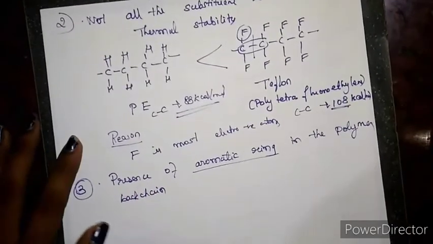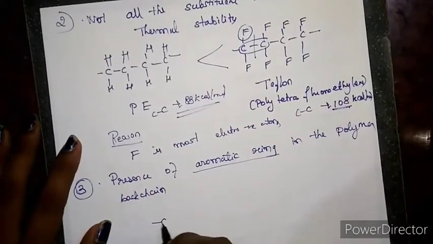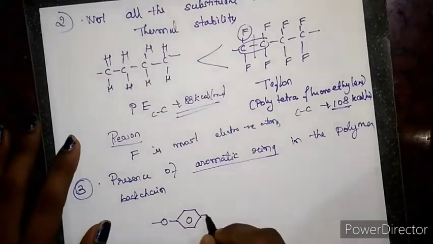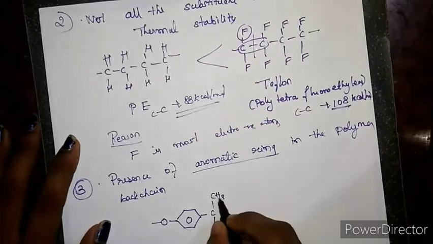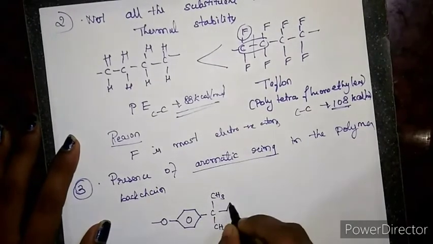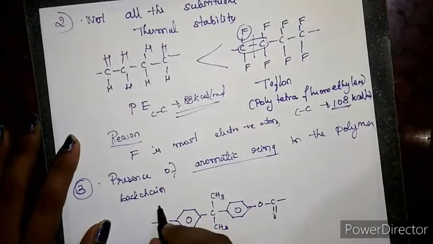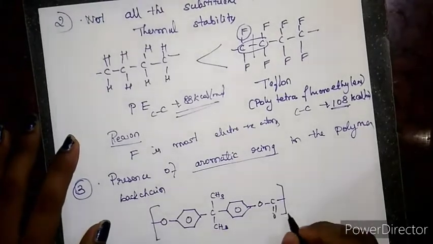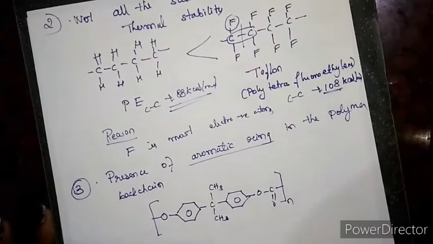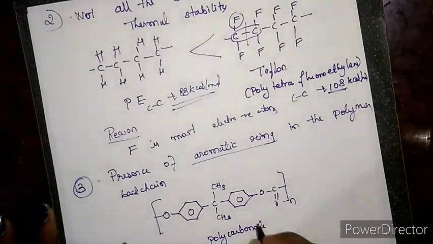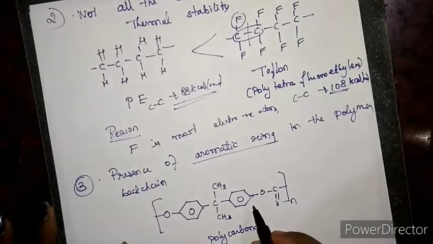For example, consider this polymer, with O, C double bond O. What is the name of this polymer? This is polycarbonate. Now this polymer is highly thermally stable.